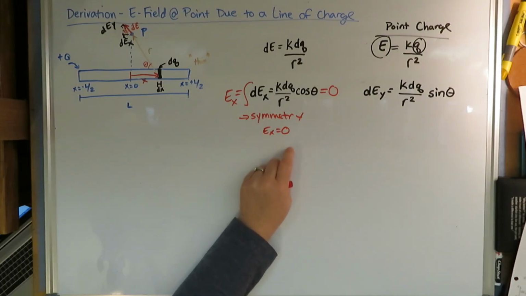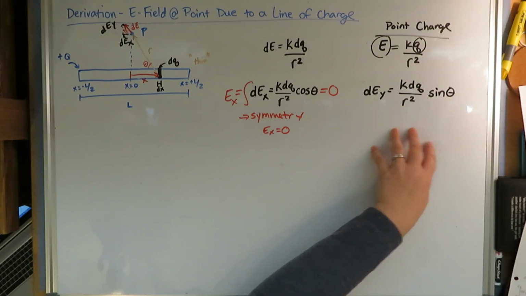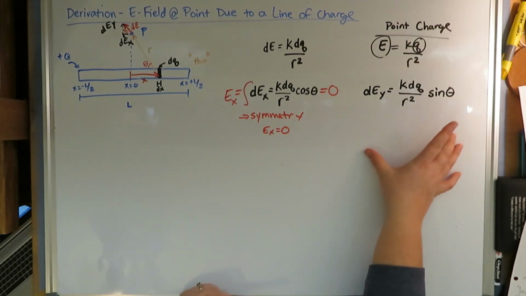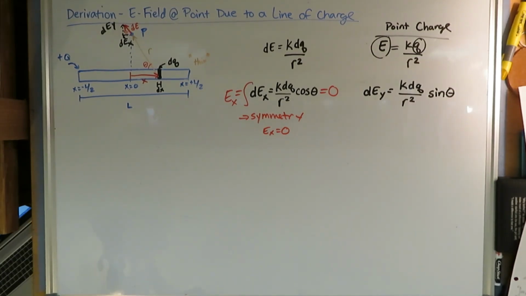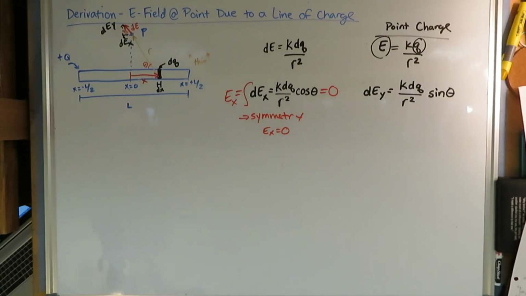And I've seen that as a problem, to prove that it's 0. In that case, you'd have to do everything we're about to do for y in terms of the x component over here. But once you can do it for one component, it's not too hard to do it for the other. You're just changing up your definition of your trig function. So we've now looked at Ex, that's going to be 0, so let's come over and look at the y.